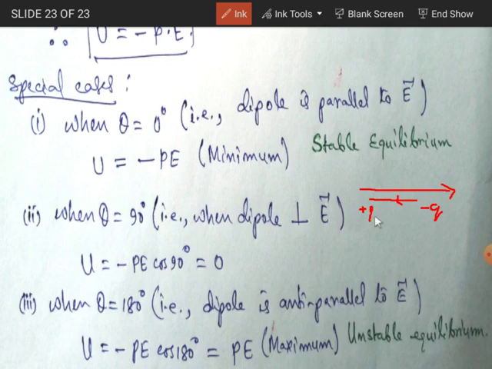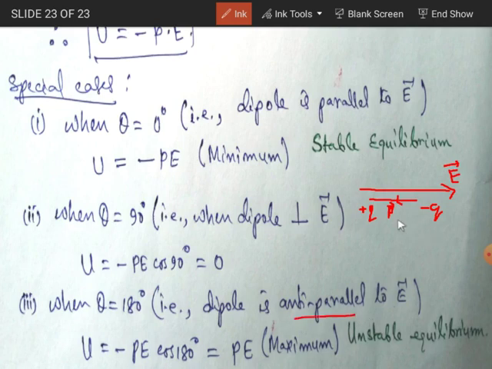The dipole moment points from negative charge to positive charge, so its direction is from right to left, and electric field E is from left to right. They are parallel no doubt, but opposite in direction, so we call this anti-parallel.